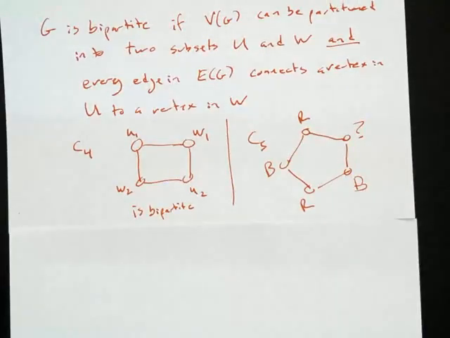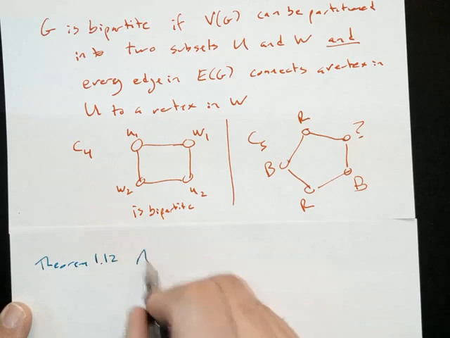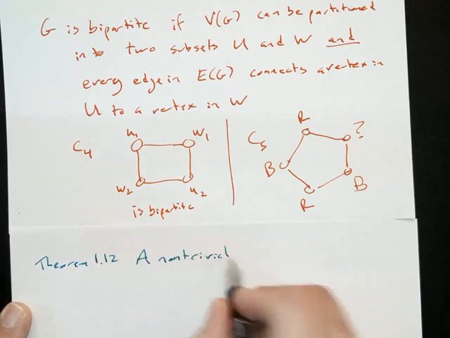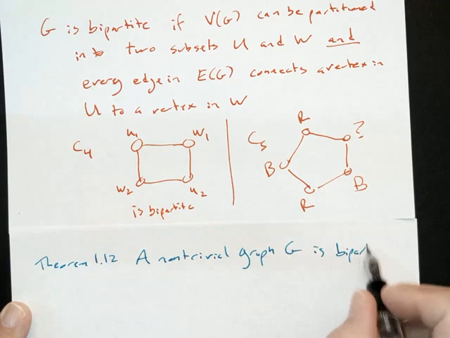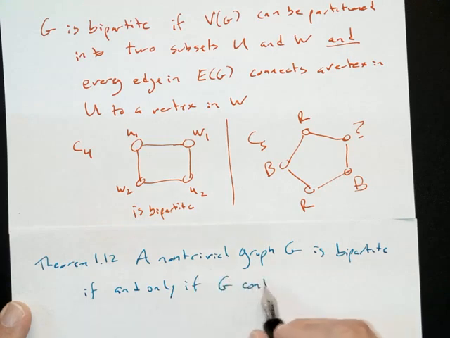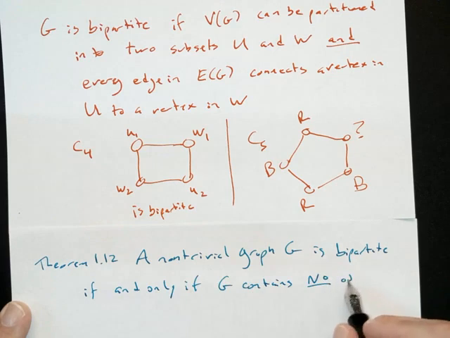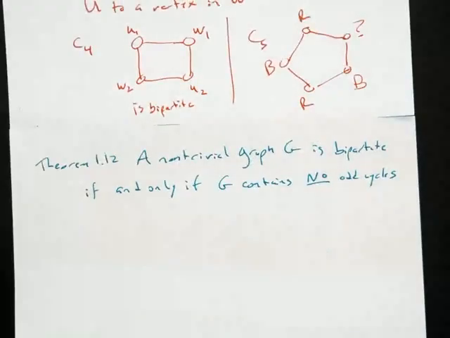But wait, there's more. Any odd cycle of any length, a triangle, a pentagon, any odd cycle will prevent your entire graph from being bipartite.